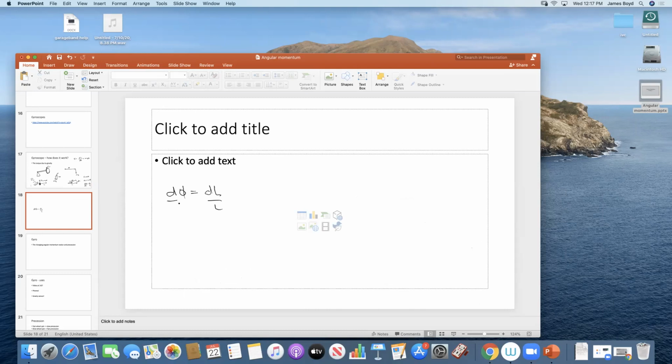Okay, if I divide this by time on both sides, what I get is that big omega, which is d phi dt, like this with theta, this is our precession angular velocity, the change of d phi with dt.